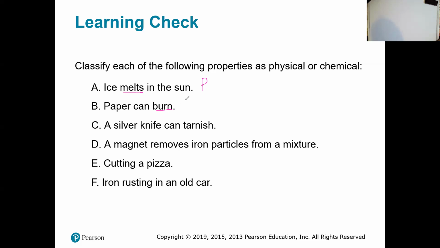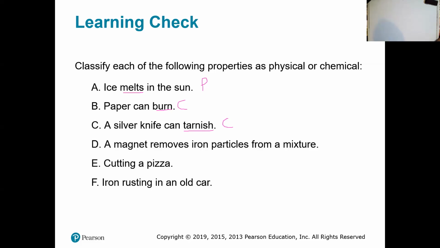Whenever something burns, that is going to be a chemical change. You will end up with something chemically different than what you started with. A silver knife can tarnish. The process of tarnishing is that reaction with air to form a new chemical product. That is a chemical change.